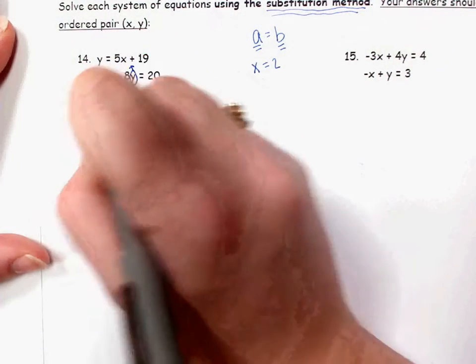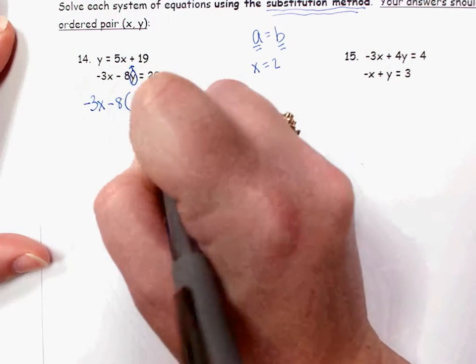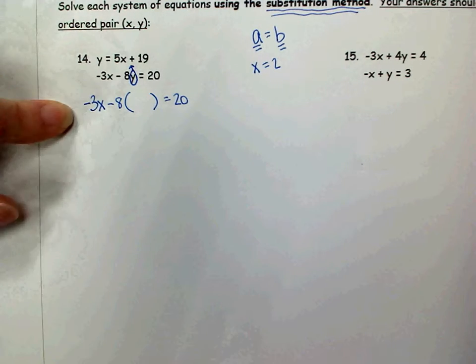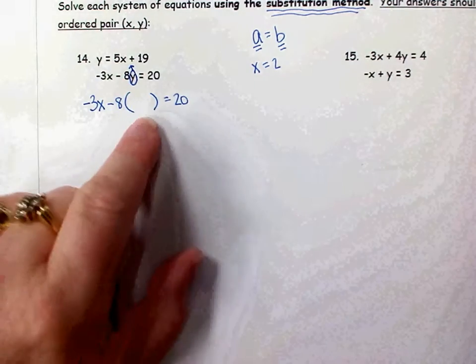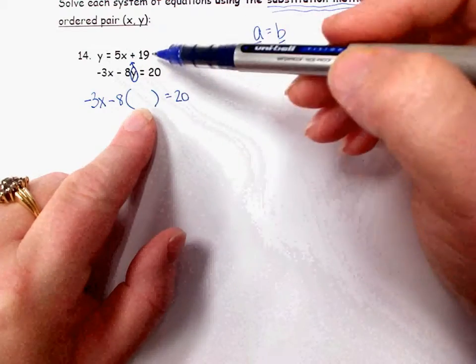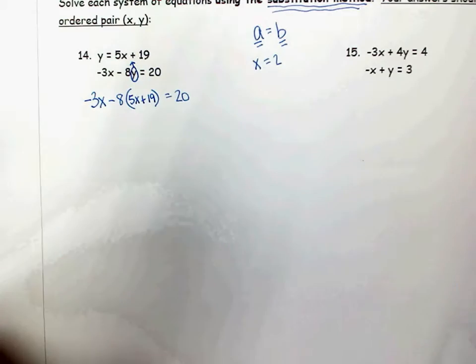So I'm going to write this equation, but instead of writing the y, I'm going to put a set of parentheses. So you see I just wrote the second equation, but instead of writing a y, I put a set of parentheses. So inside that parentheses, I'm going to put what I'm replacing y with. y is equal to 5x plus 19. So I'm going to put the 5x plus 19 here in the parentheses.